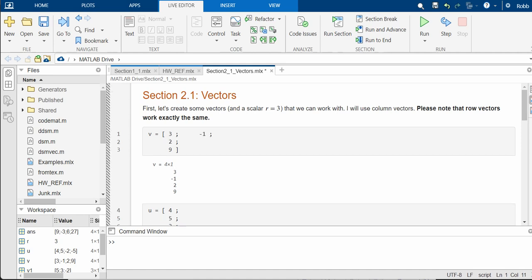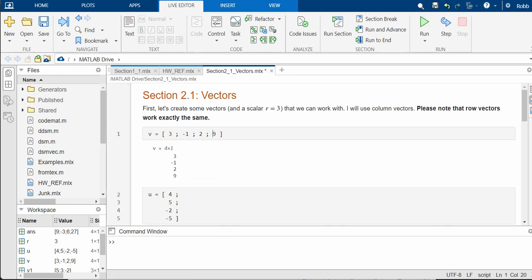It doesn't really matter. Let's see, -1. You can do this in a line, and you get the exact same thing. Again, just semicolons between all of the components. Okay, so if you're having trouble getting your vectors entered, that's how we do it.